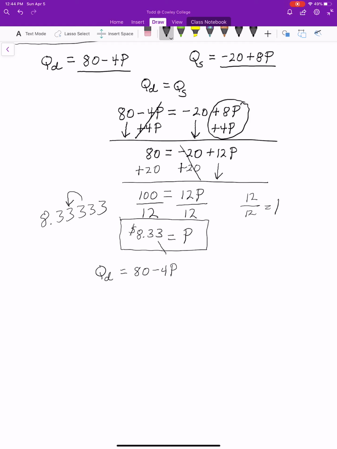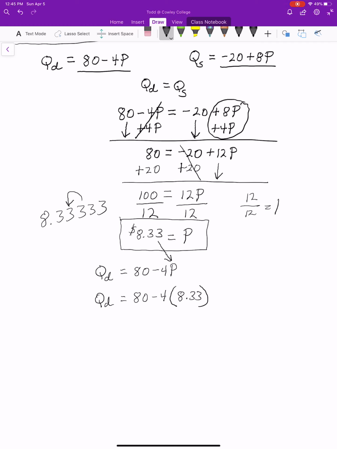Again, we now know the P is going to be your $8.33. So let's substitute that in. So our quantity demanded will be equal to 80 minus 4 times the price, which is $8.33.